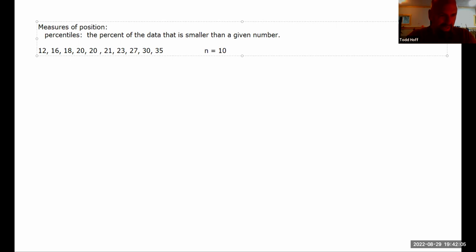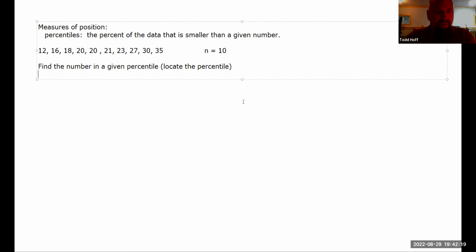Now, if I want to find the number in a given percentile, in other words, I'm locating that percentile, I'm going to find the position. And just like finding the median, I take the percentile times n. So in my example here, let's find the 80th percentile.